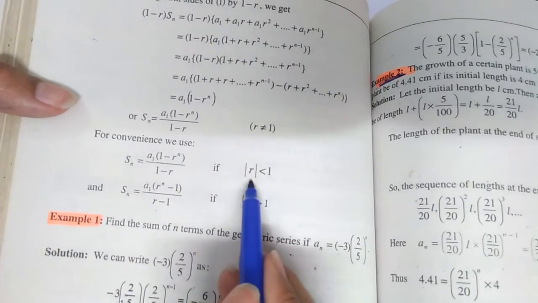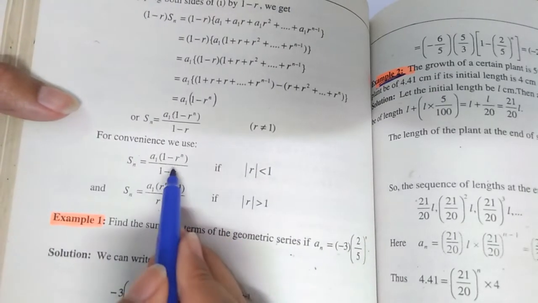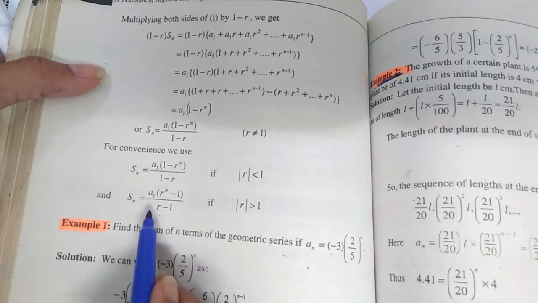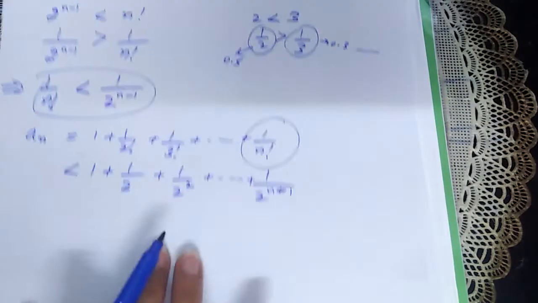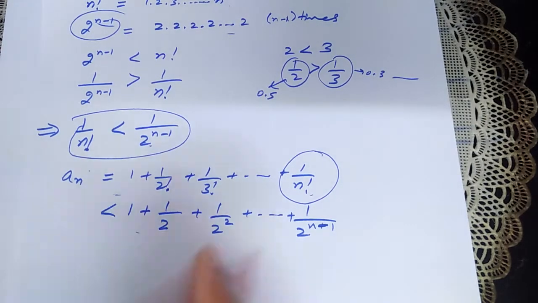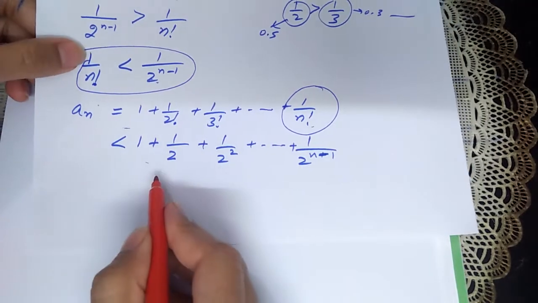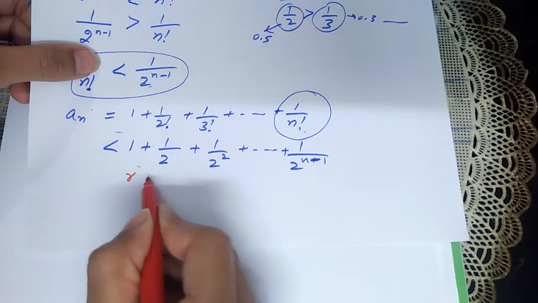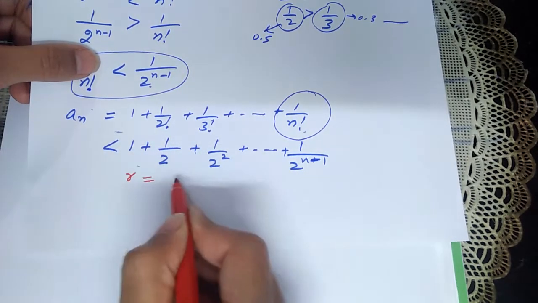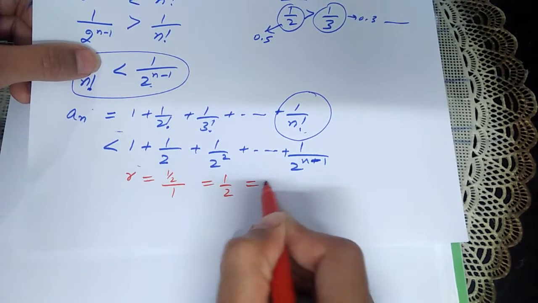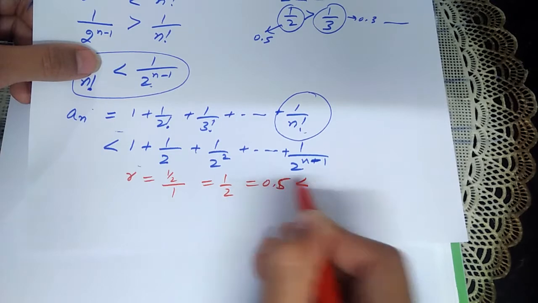If your ratio is less than 1, you use this formula. If your ratio is greater than 1, you can use this other formula for the sum of the series. Using that formula here, first of all, you find the ratio: r is equal to the second term divided by the first term, and that is 1 by 2, that is 0.5, which is less than 1.